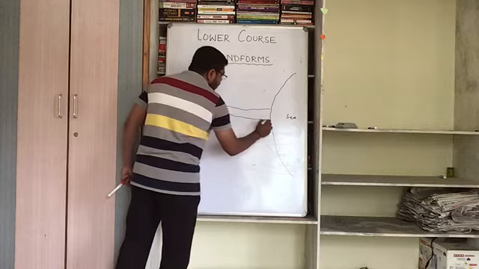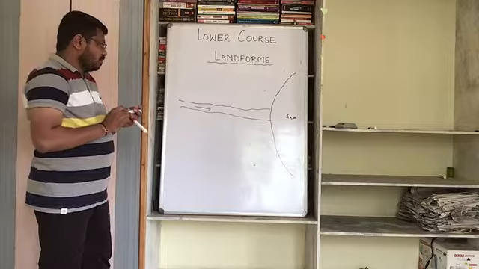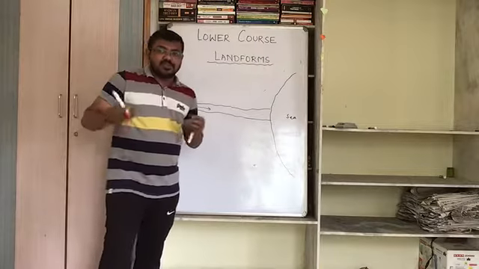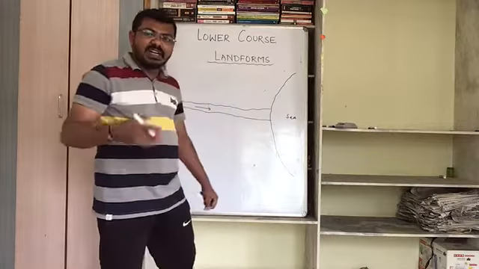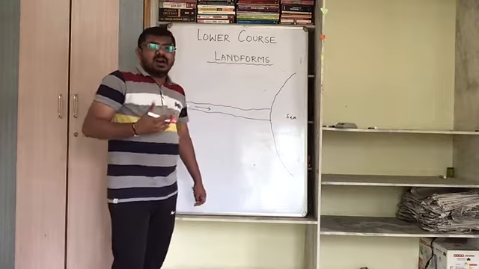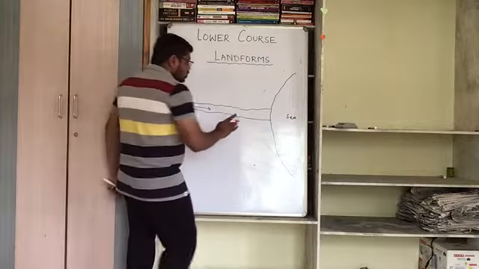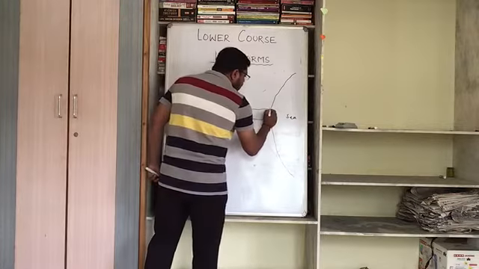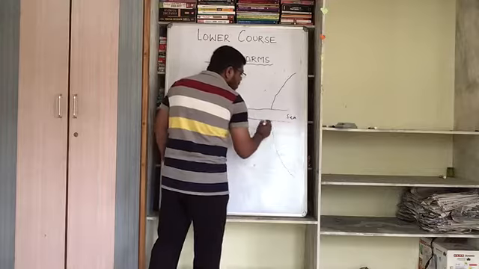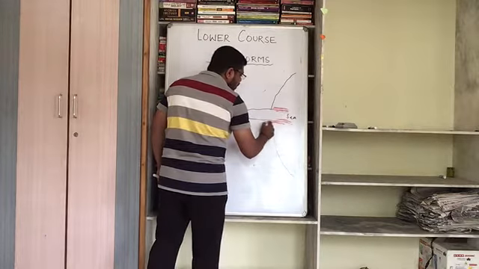This is the direction of the flow. Now what will happen? Because the river has more force, it is carrying a lot of sediments, its carrying capacity is high, and the amount of water is also very high. So the river is able to enter into the sea and it deposits its sediments here.